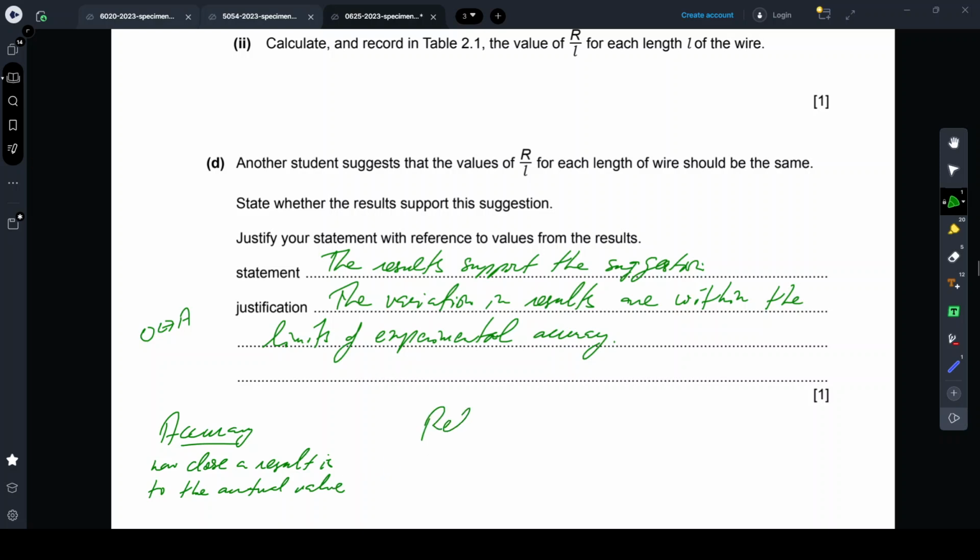And then there is reliability, and that is, can you get the same result, close enough, obviously not exactly the same, on repeating the experiment. So over here we're talking about accuracy. It's close enough, it's good enough.